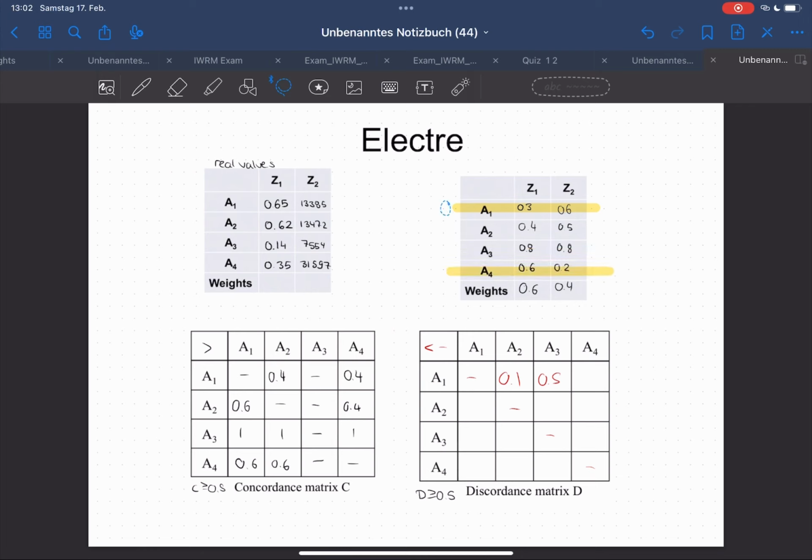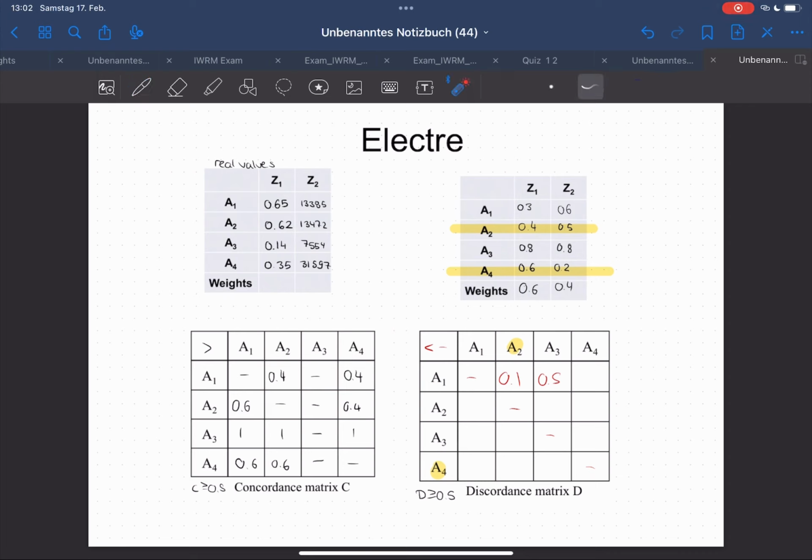So let's just do another value like A2 and A4. So for example, we now go to this side, because now we were just on the top and now we're on the bottom. So we take A4 is smaller than A2.